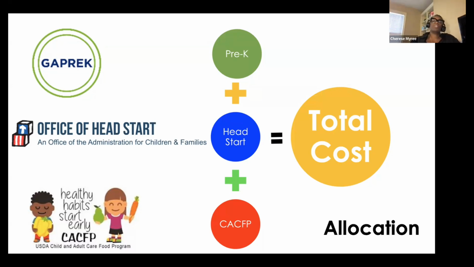You want to make sure that Georgia Pre-K is only charged its fair share of that total cost. To support that, you need to have documentation on what you use to determine that allocation. If it's square footage, how do we know what the total square footage is? And how do we know what pre-K square footage is as it relates to that total? Whatever documentation you need to tell that story is what you would need to keep on hand.